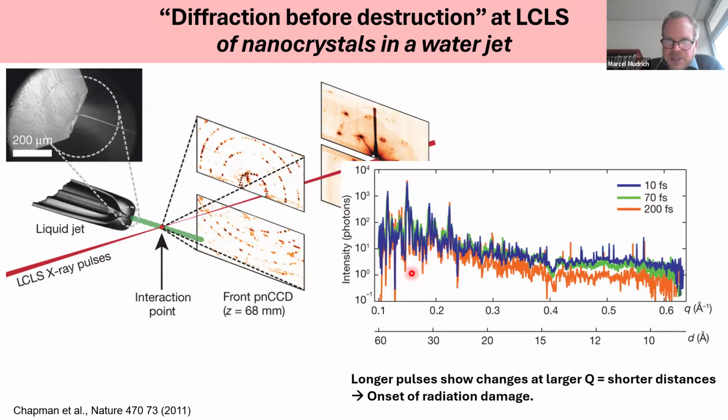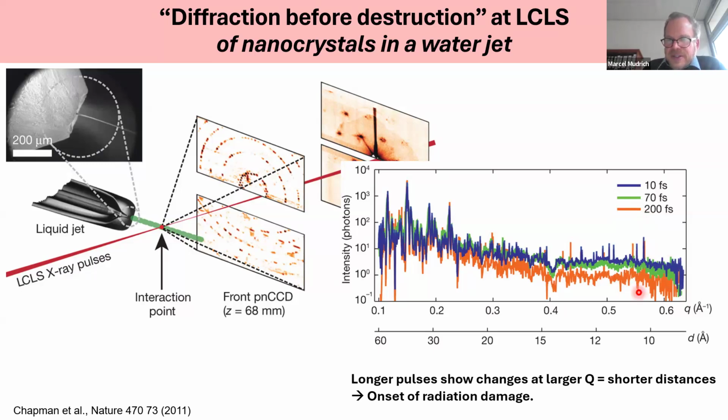But for the high Q values, meaning the small scales, we can see that the contrast goes down for the longer pulses, which means that already during the 200 femtosecond pulse, the target starts to decompose and lose the structural information.